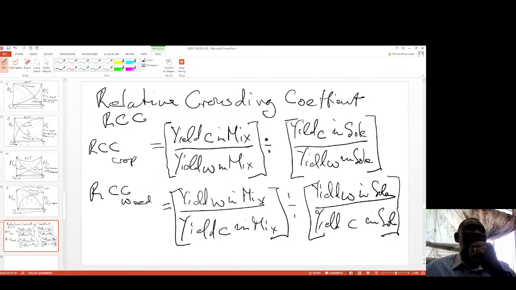So if we work out these, we should arrive at certain values.